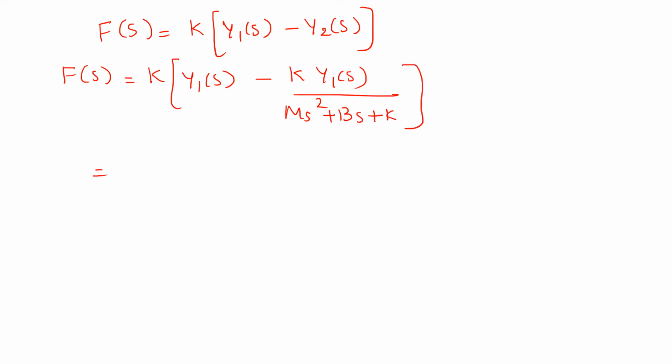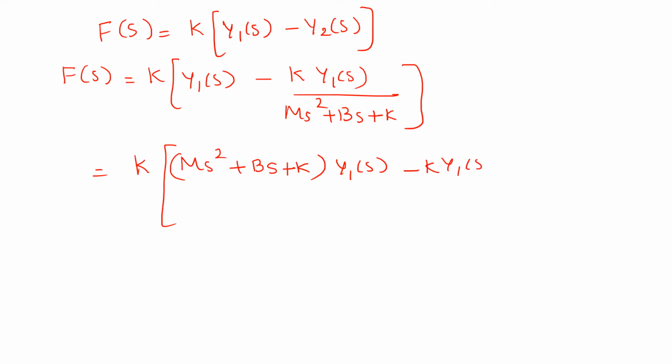So we can get this as k into ms square plus bs plus k into y1 of s minus k into y1 of s divided by ms square plus bs plus k.